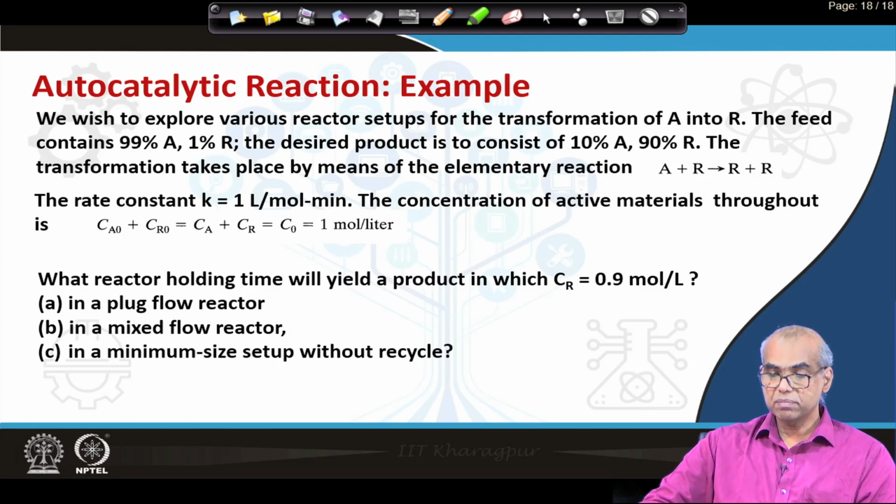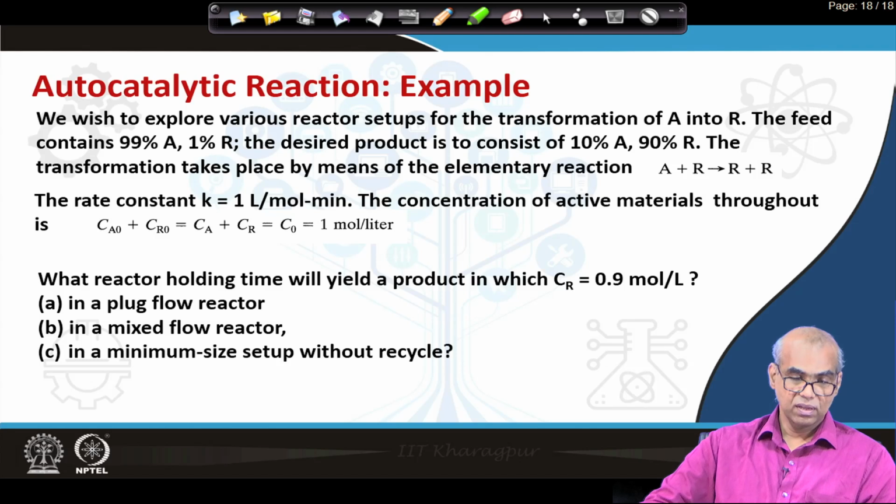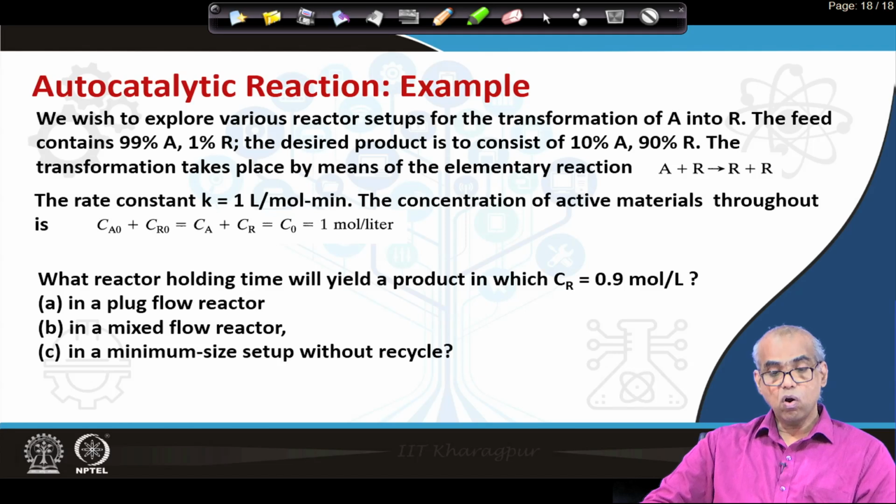The concentration of active materials throughout is Ca0 plus Cr0 equal to Ca plus Cr equal to C0 equal to 1 mole per liter. What reactor holding time will yield a product in which Cr equals 0.9 mole per liter? Plug flow reactor, or a mixed flow reactor, or a minimum size setup of PFR and CSTR without recycle.